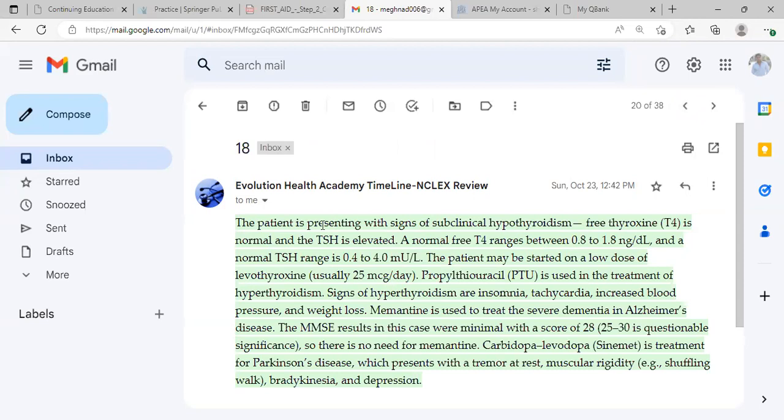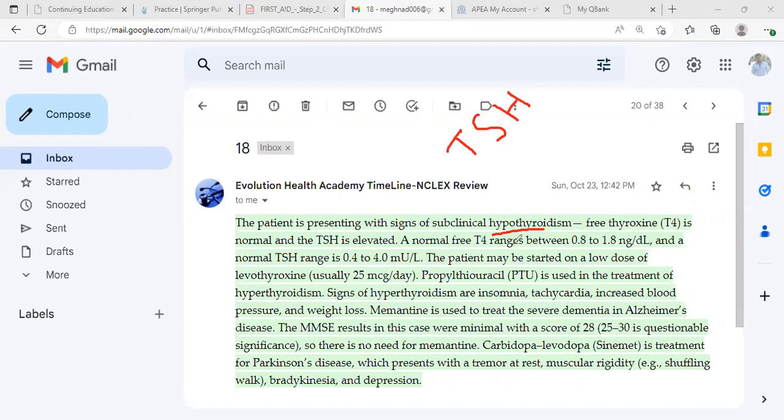A patient is presenting with signs of subclinical hypothyroidism. So if a patient has hypothyroidism and you check TSH, T3 and T4, what can we see? Let me tell you something. So the patient has hypothyroidism, right? So you need to check TSH, meaning thyroid stimulating hormone.